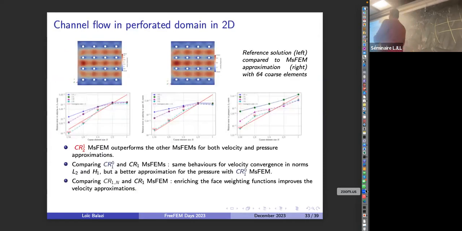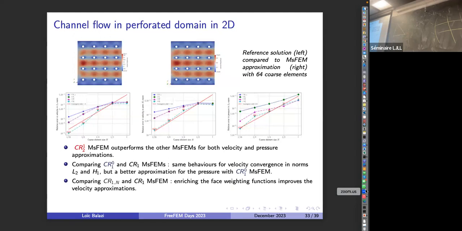So I have done first a small case in Python. It's a channel flow in a perforated domain in 2D. On the left we have the reference solution, and on the right we have the multi-scale approximation on 64 elements.